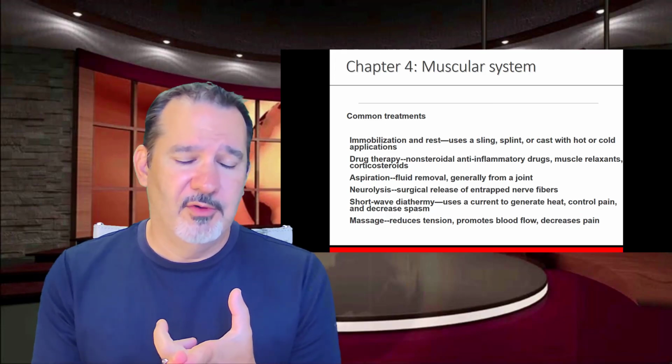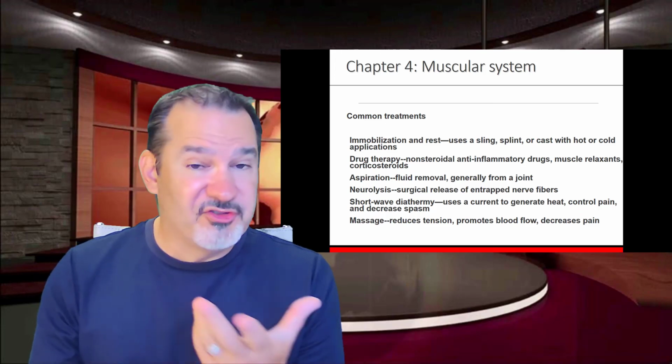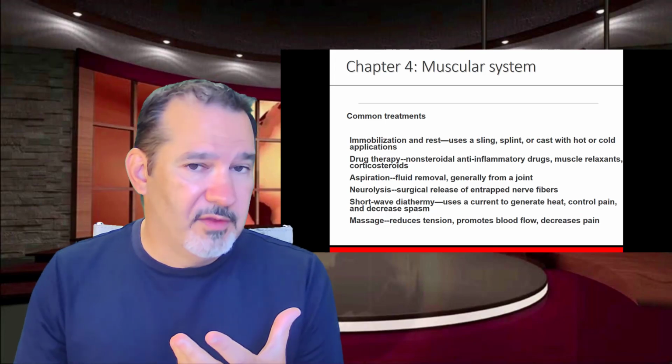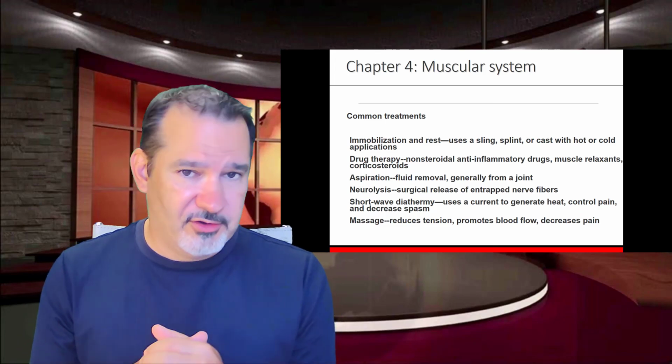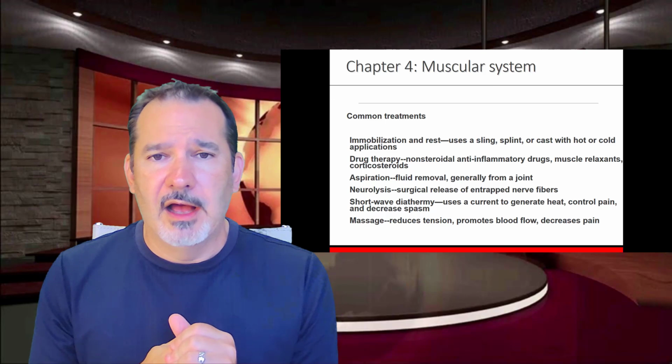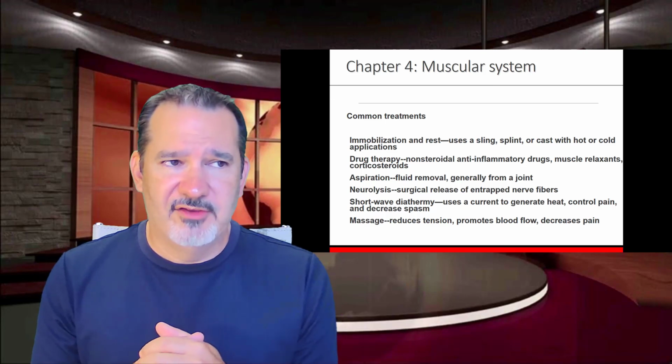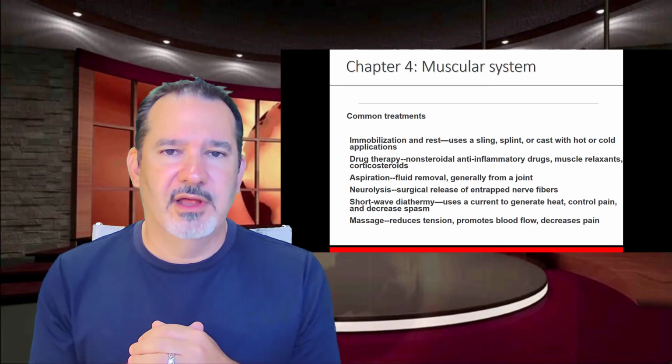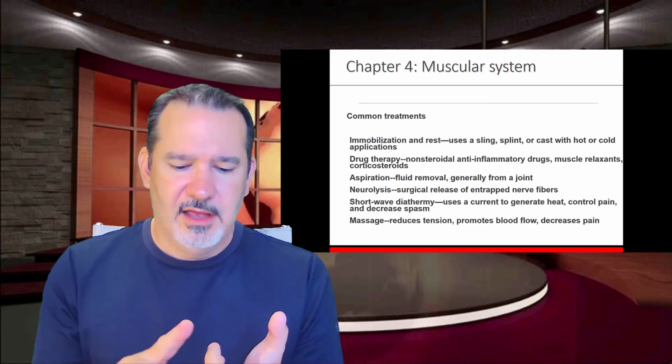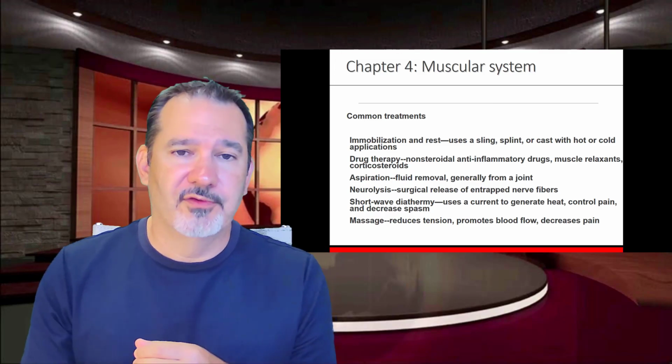Aspiration, we talked about that with bursitis. Massage is another good one, and a good one that some insurances are now starting to pay for. Some of these, what we would maybe think of as more Eastern medicine philosophies, like massage and acupuncture for muscle relief.